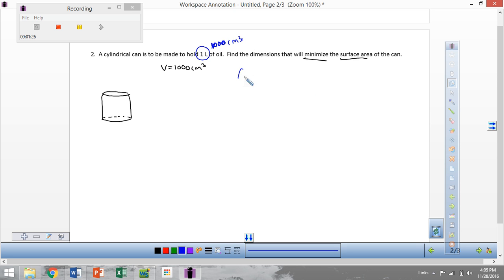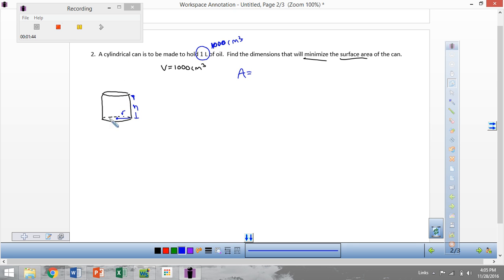So I need to come up with a formula for the area of this can. Well, thinking about a cylinder, I'm going to have a radius down here for the base, and I'm going to have a height of the can. I don't know what those things are, but I know that those will be needed to find an area. And this oil can needs to have a lid.